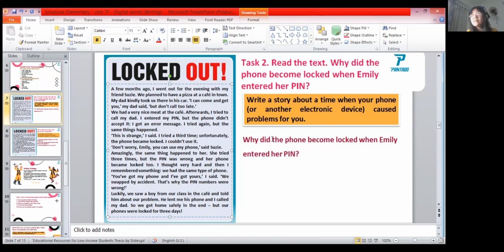We had a very nice meal at the cafe. Afterwards, I tried to call my dad. I entered my PIN, but the phone didn't accept it. I got an error message. I tried again, but the same thing happened. This is strange, I said. I tried a third time.